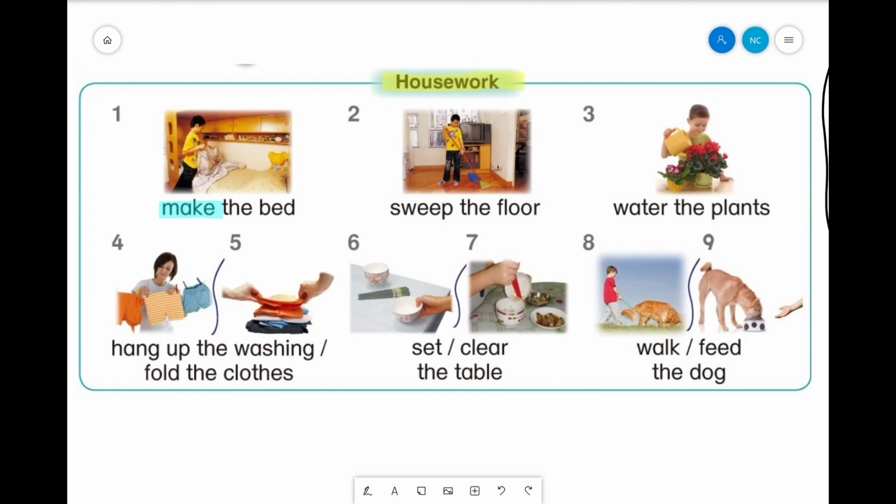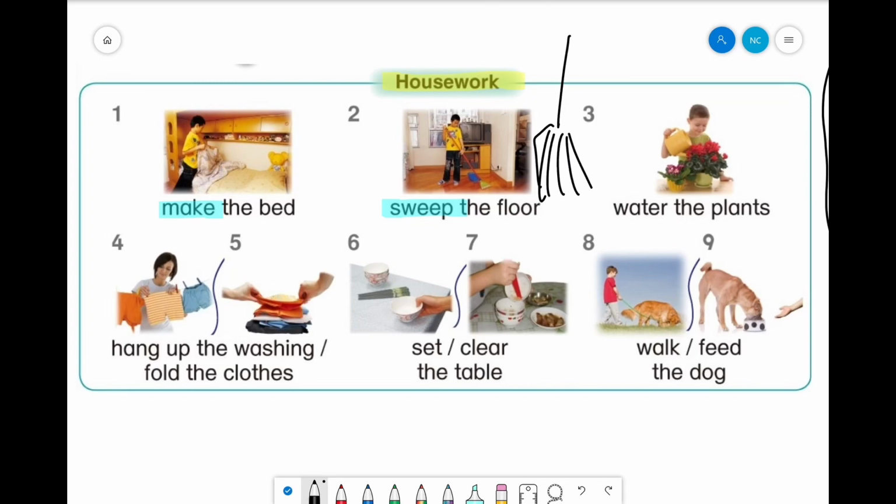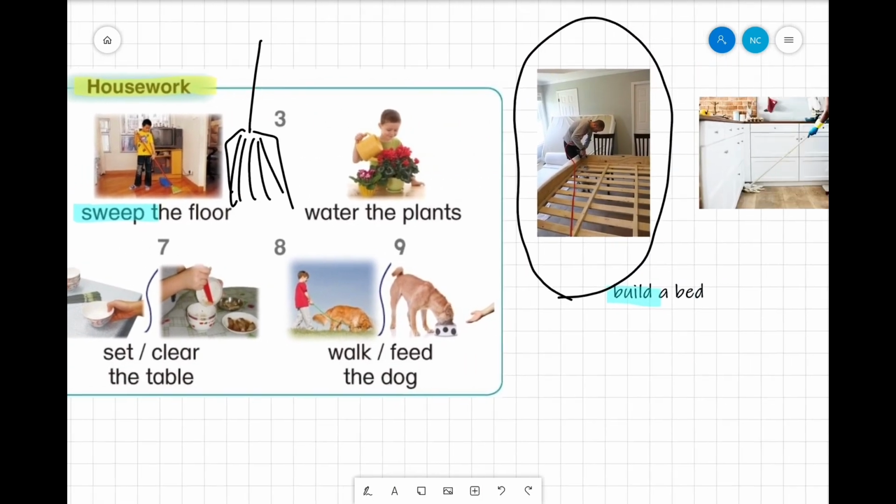The second phrase is sweep the floor. And the action word, the verb, is sweep. And when we sweep the floor, we normally use a broom. Beautiful. Now, let me ask you another question.